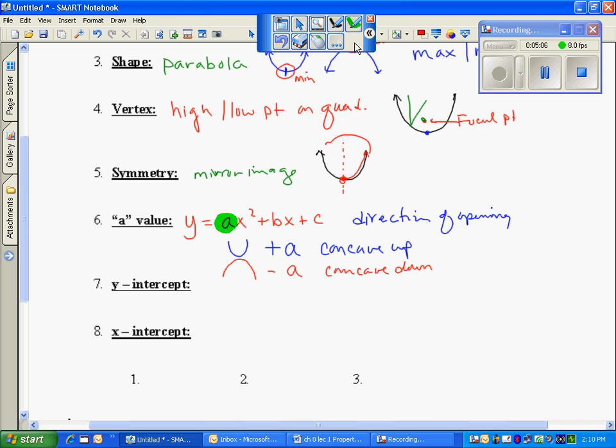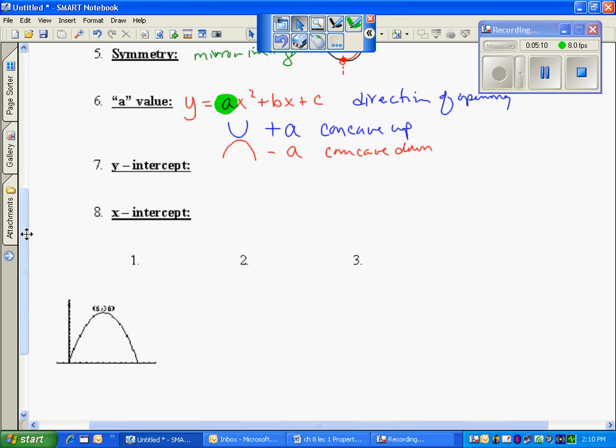In addition to a vertex, axis of symmetry, and this value telling me if it's concave up or down, we want to be able to locate the intercepts. And the neat thing about a parabola is a parabola always has a y-intercept. Now, if you recall a y-intercept, it happens when my x value is 0.